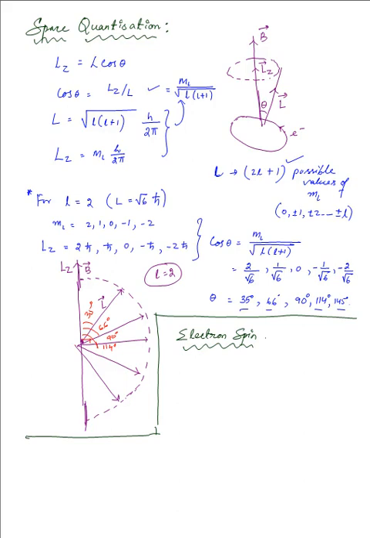So in an effort to remove these two drawbacks of the theory, Goudsmit and Uhlenbeck, let me write their name, they must be credited with it.